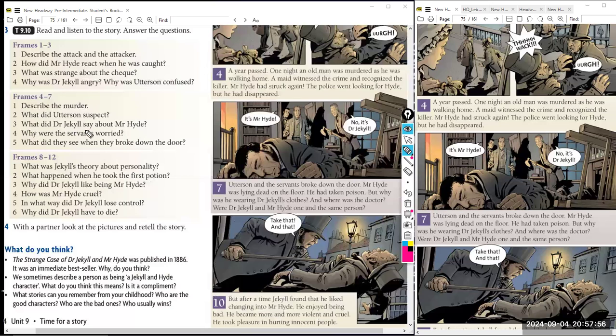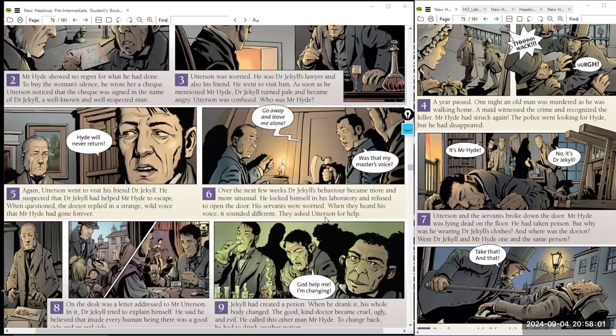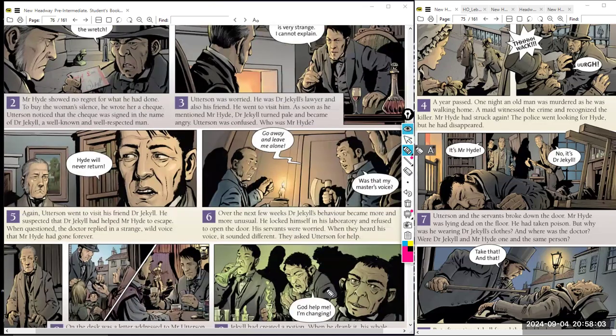what did Dr. Jekyll say about Mr. Hyde? Take a look at the pictures in frames 4, 5, 6, 7.